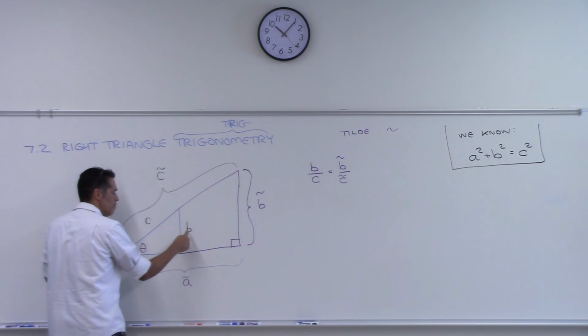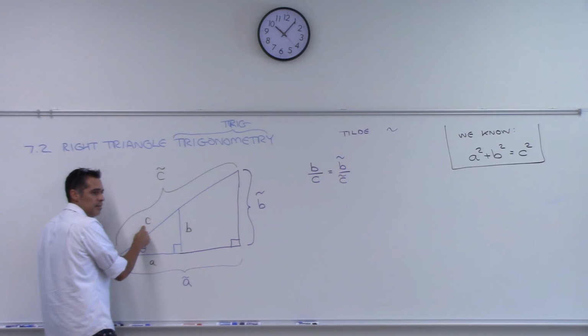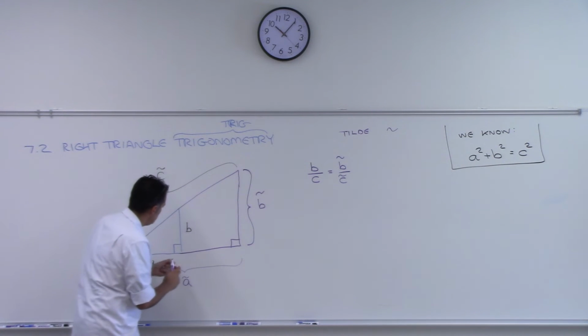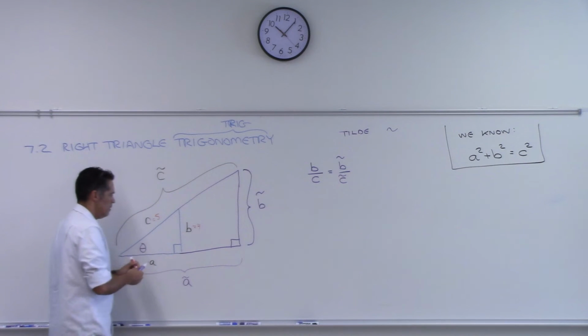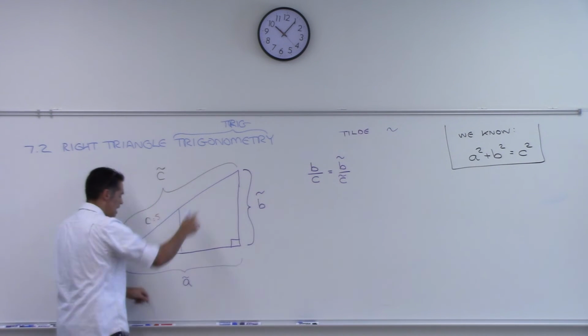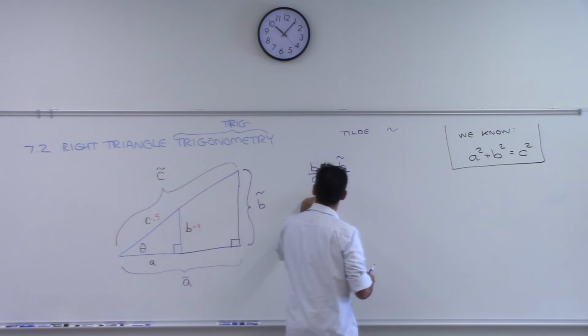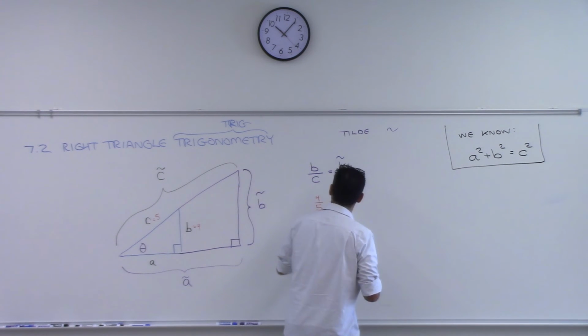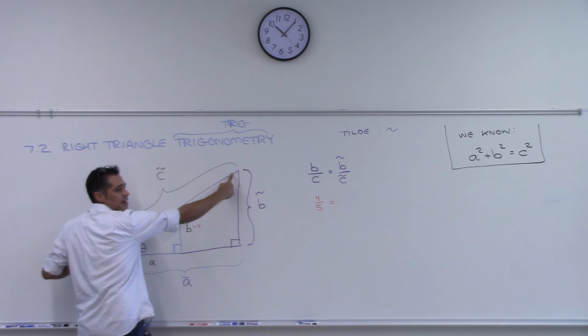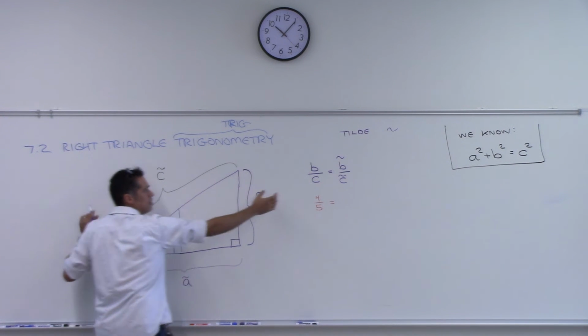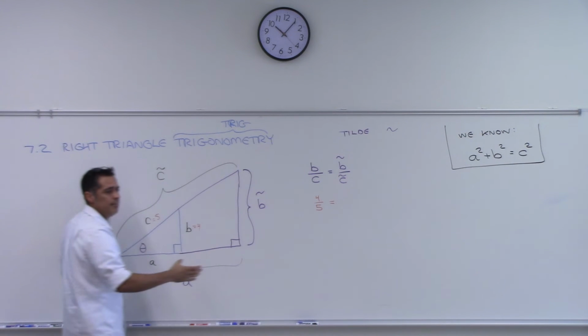Like let's say this is the number 4 and this is the number 5. Then this is saying that if you take 4 and divide it by 5, that will be equivalent to whatever this side is divided by this side. Those two ratios must be the same.